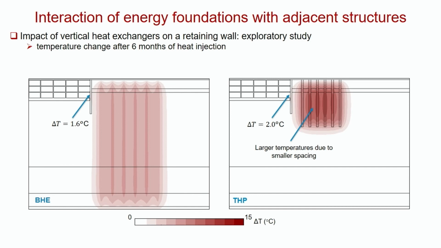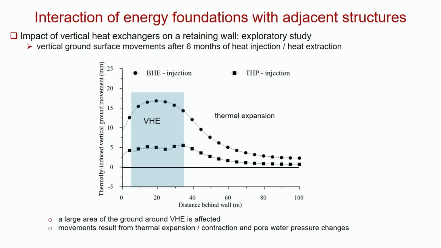Interesting thing is, even though this temperature has changed by 15 degrees here and 15 degrees on the sides of these, or in these boreholes, there's very little change on the wall in terms of temperature. So the wall is not really being affected by the temperature.